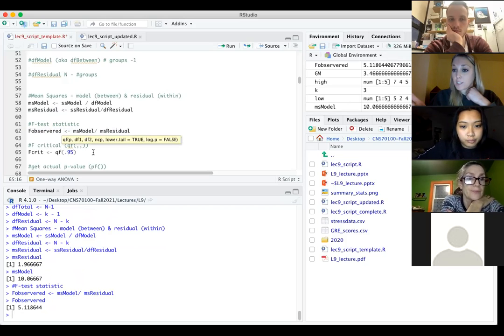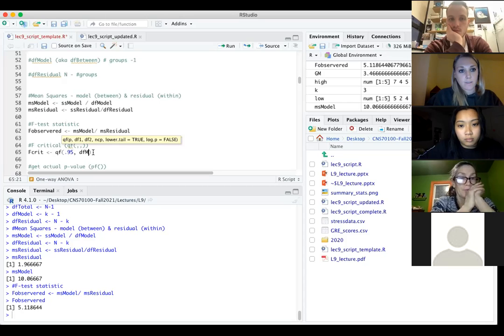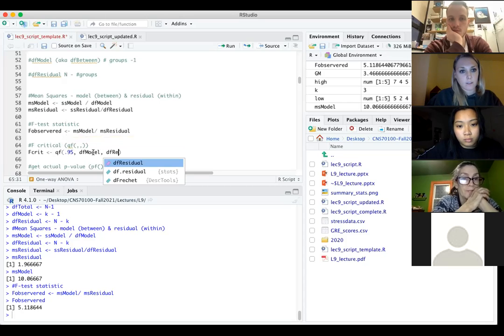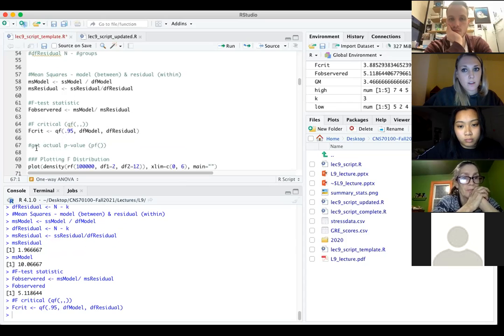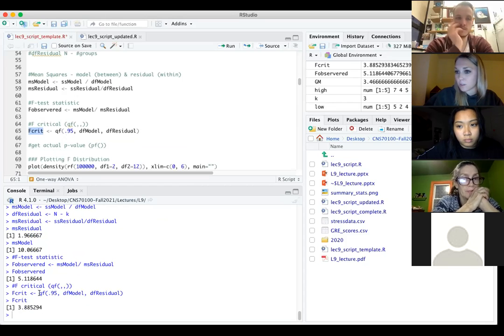P, comma, DF1, DF2. DF1 is always your DF model. DF2 is always your DF residual. So it's always going to be in that order. So we put DF model, DF residual. And now we can see that this is 3.88 or 3.89. I rounded up in the PowerPoint.